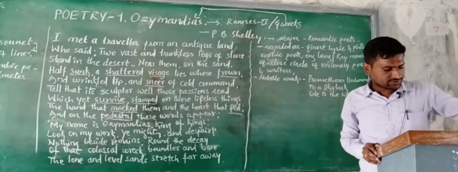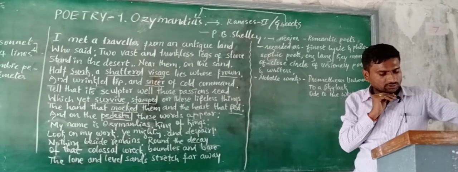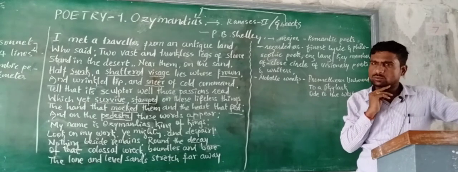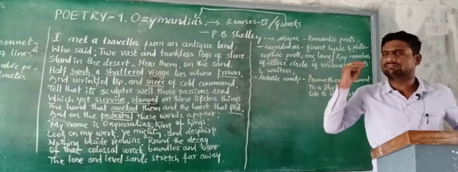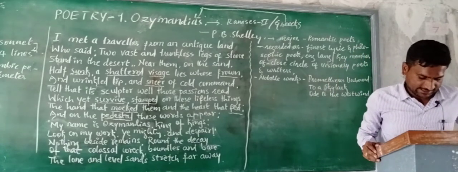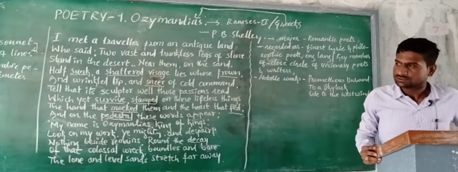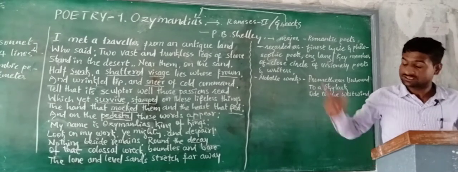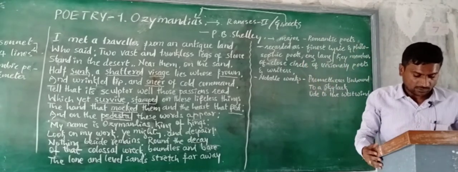See, my dear students, this is the subject matter: everything will end. There is an end for everything, and everything will be dust one day. The present poetry and the statue are themselves an expression of the sculptor.